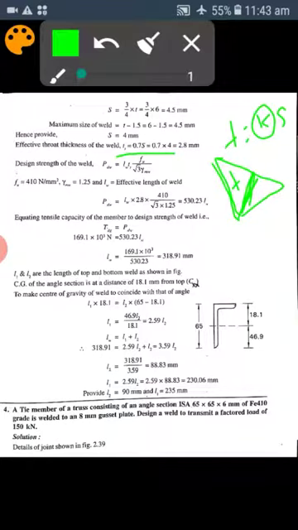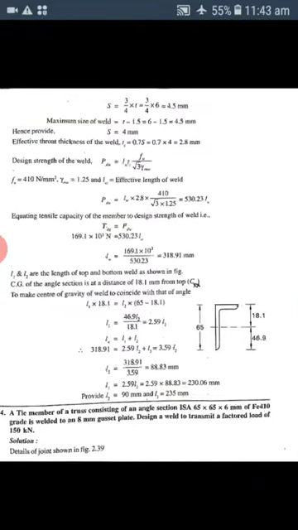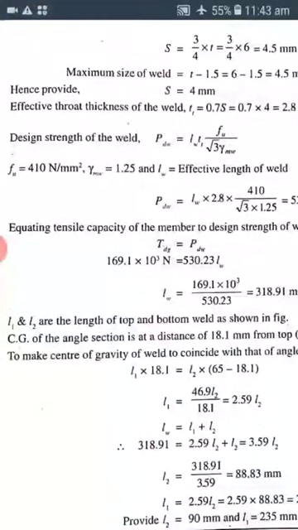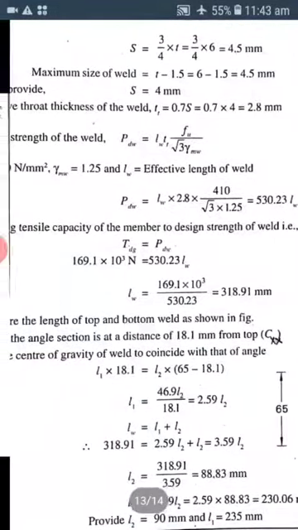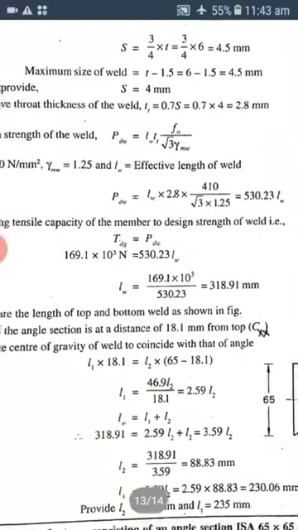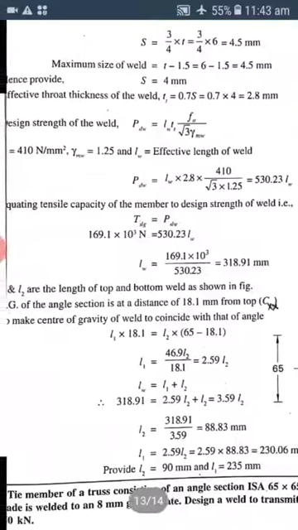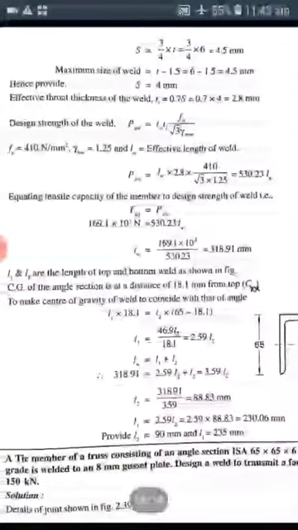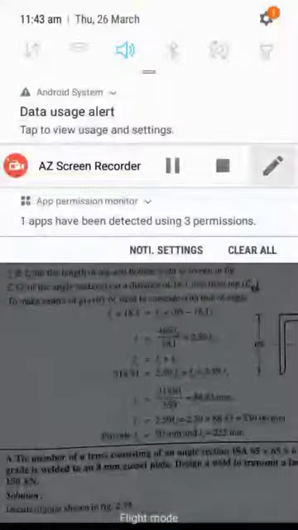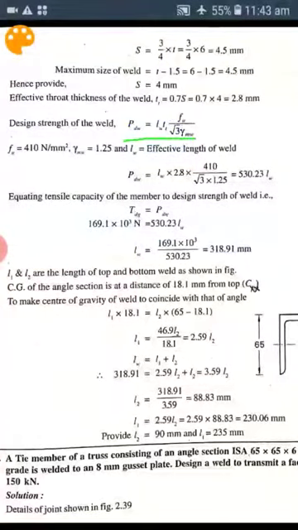So once we get the thickness of the weld, then we need to calculate the design strength of weld per millimeter run. As you know how to calculate per millimeter run, that is area into stress in the weld. Area is the length into thickness of the weld.